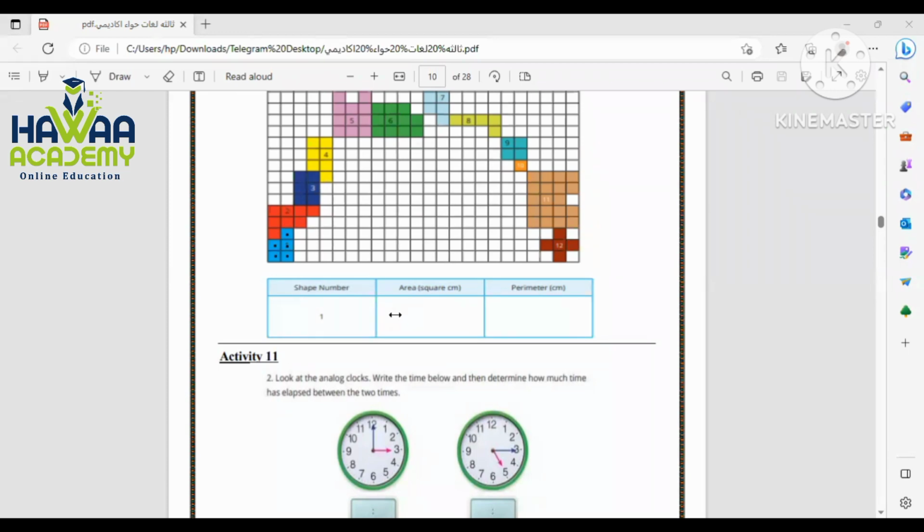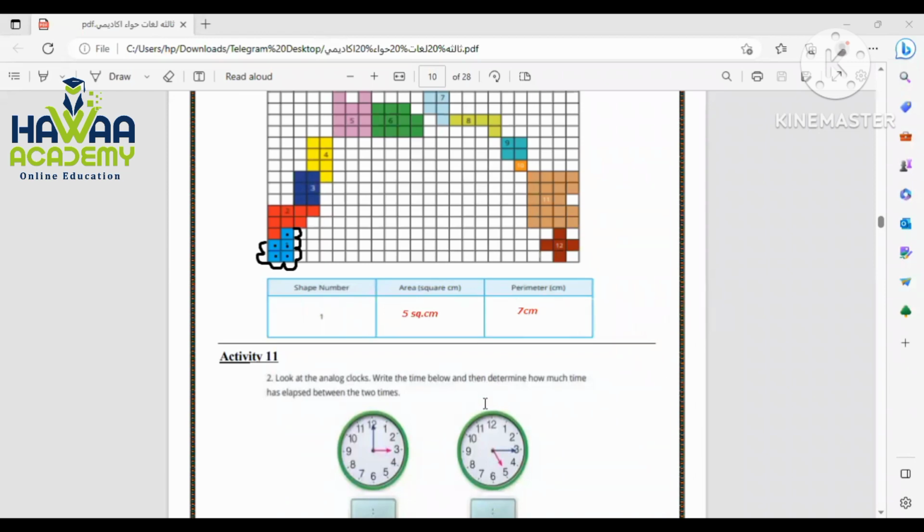So the area will be 5 square centimeters, and the perimeter we will count outside the figure. 1, 2, 3, 4, 5, 6, 7. So it will be 7 centimeters.